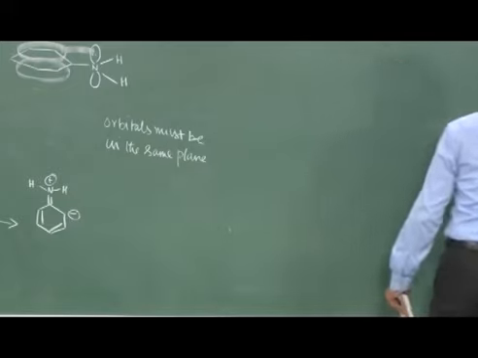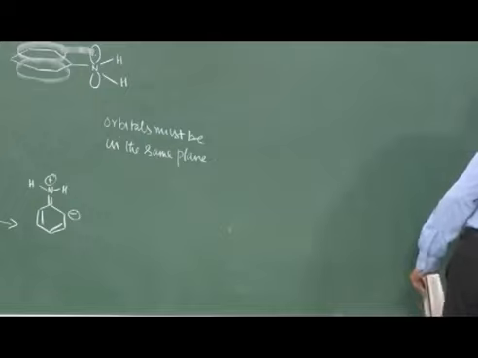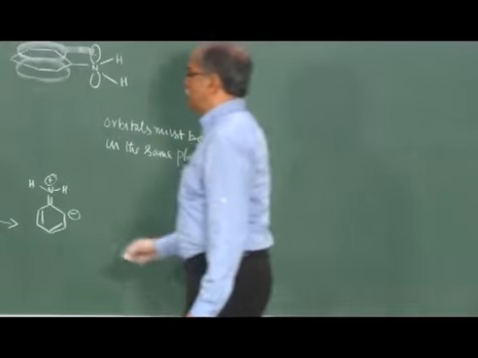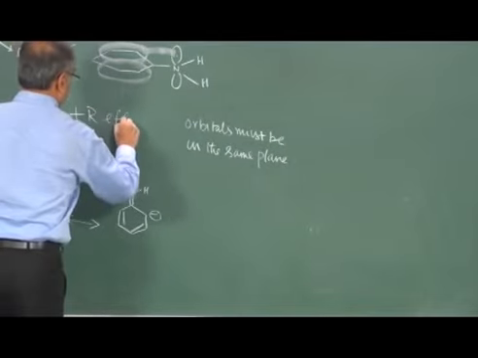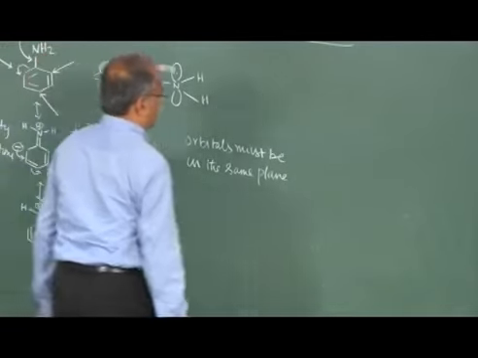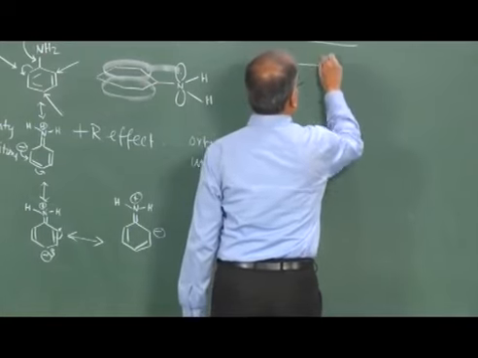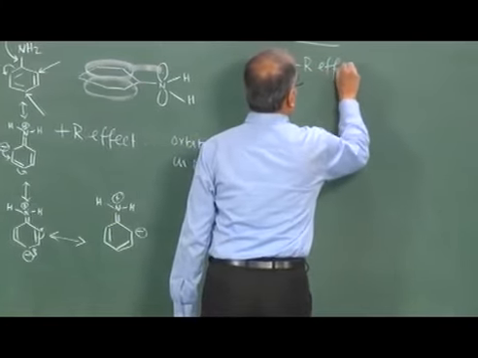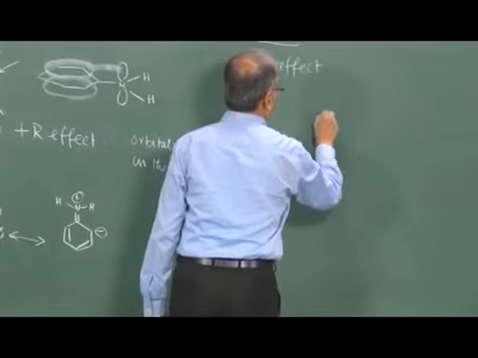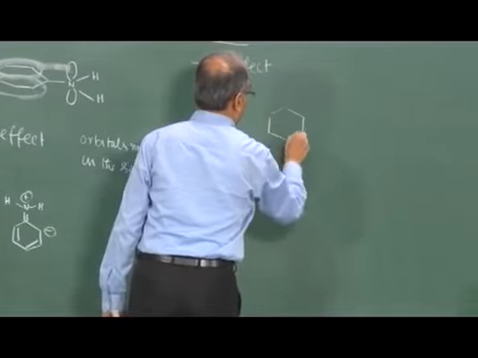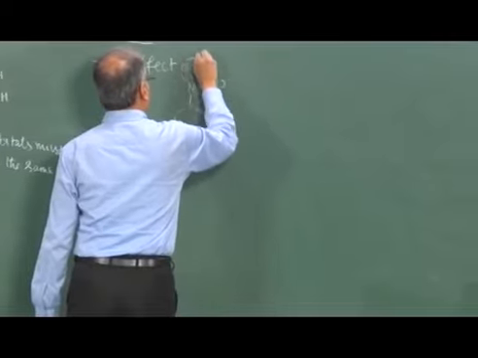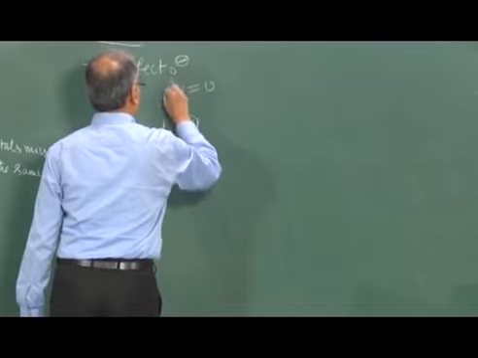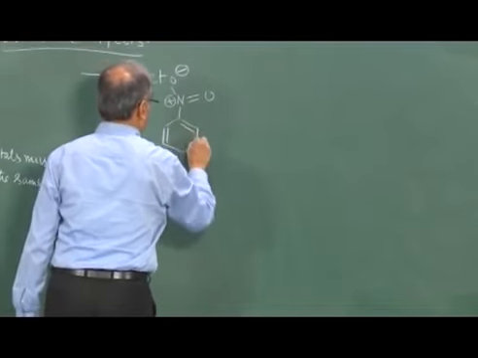So, this is an example of plus R effect. Let us take an example of a minus R effect. For this you need to have an electron withdrawing functional group. Let me take the famous nitro functional group as the electron withdrawing functional group, in this particular manner.